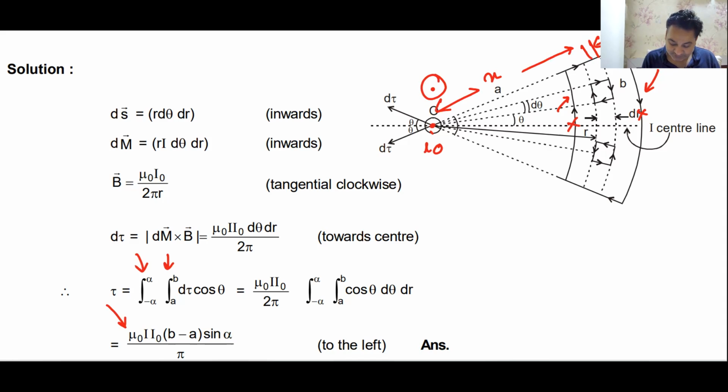Similarly, I will take an opposite element here of length dx. Are you getting my point, beta? Then the magnetic field will be going perpendicular like this here. Whatever force acts on this part, the opposite force in the opposite direction will act on the other part. Basically, these two forces will make something known as a couple.